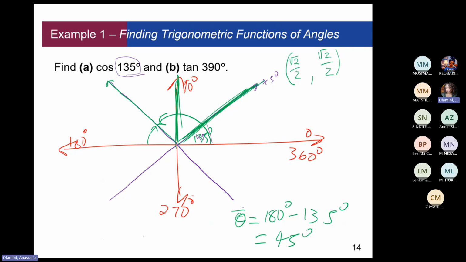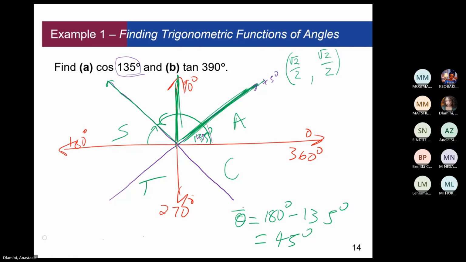But where is 135? Before that, we know that our terminal point, 135, is in the second quadrant. Our terminal point has the same values as the reference angle, but with different signs. Because of the CAST diagram, we know that 135 is here, in the second quadrant.